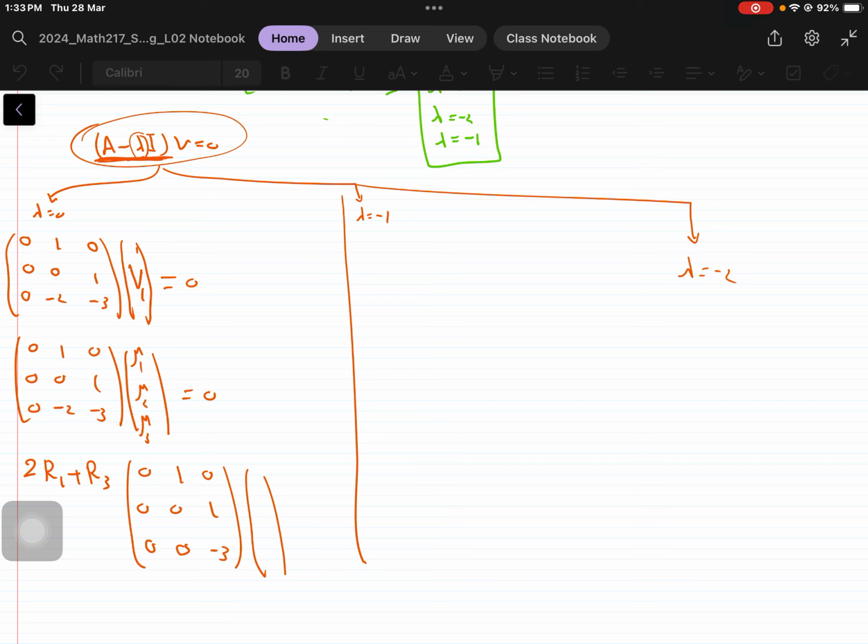So here is still mu1, mu2, mu3. Can we make this also 0? Multiply the second row with 3 and add it to the third row. So 3 R2 plus R3: 0, 1, 0, 1, 0, 0, 0, 1, 0, 0, 0, times mu1, mu2, mu3.